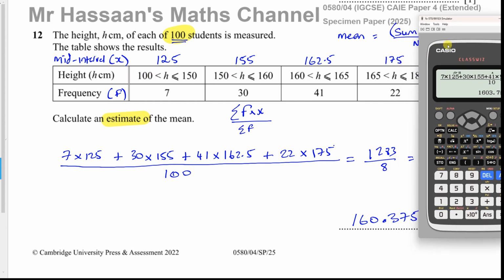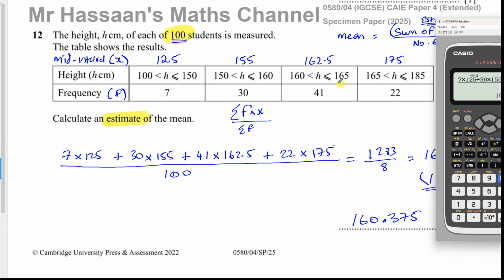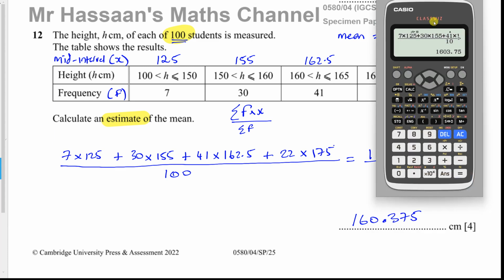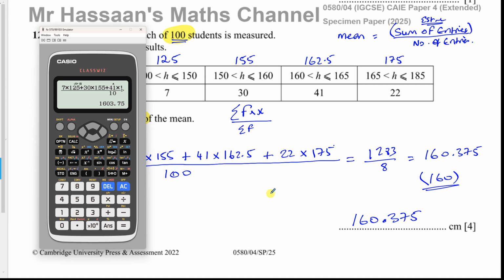Their mean weight must be somewhere between 100 and 185. And as the majority of the weights are in the middle region, they're going to be somewhere close to the 160s, 150s, whatever. There's no way the mean weight can be 1,603.75. No way at all, right? So if you get a number like that, you know you've done something wrong.